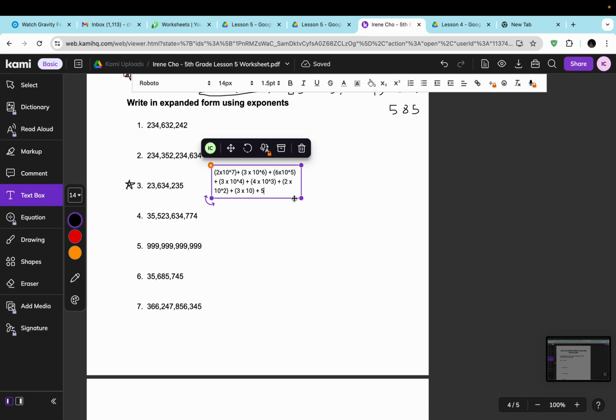So this would be the expanded form using exponents for 23,634,235.